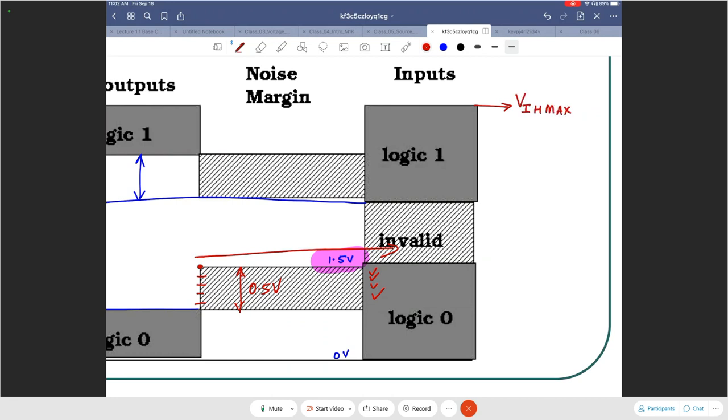Voltage input high level minimum. Voltage input low level maximum. Voltage input low level minimum. Yes, yep. So I've got these 4 as well.